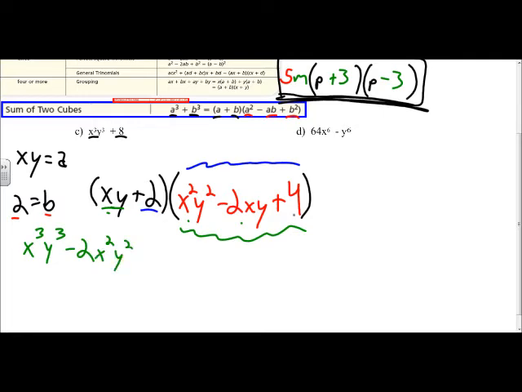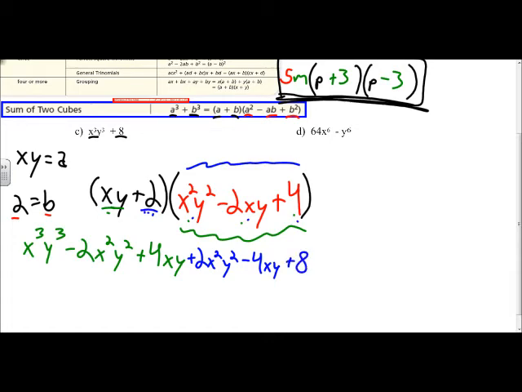And xy times 4 is plus 4xy. Now if we look at 2 times our x squared y squared, we get plus 2x squared y squared. 2 times negative 2xy becomes negative 4xy. And 2 times 4 is 8.